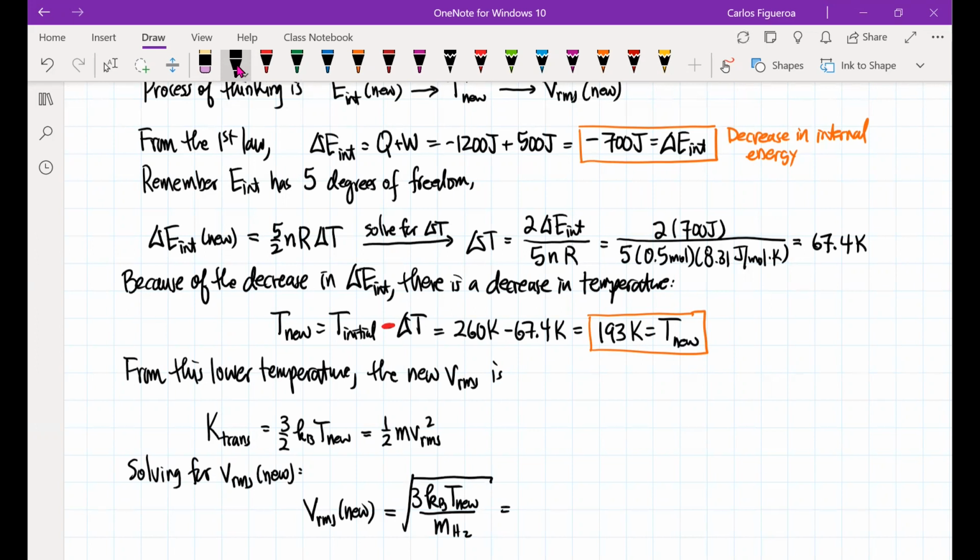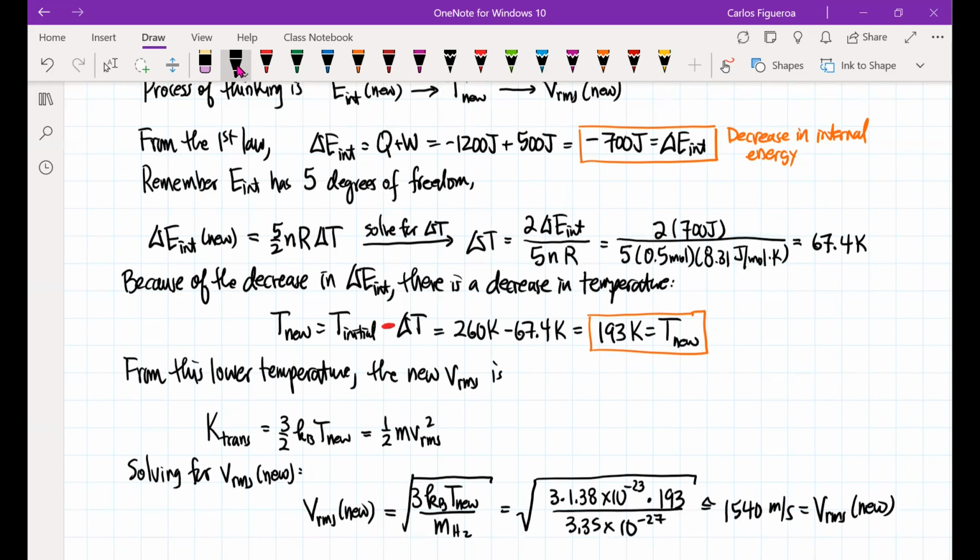And so if I start putting in my numbers, I'm going to get 3 times 1.38 times 10 to the minus 23 times 193, that's my new temperature, and then I have my mass, 3.35 times 10 to the minus 27, square rooted, and I get a value of 1540 meters per second, which is now the new RMS.